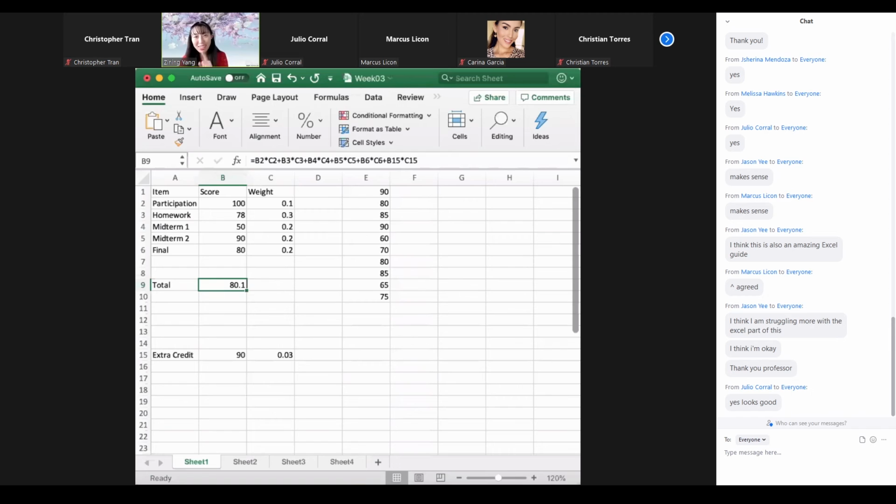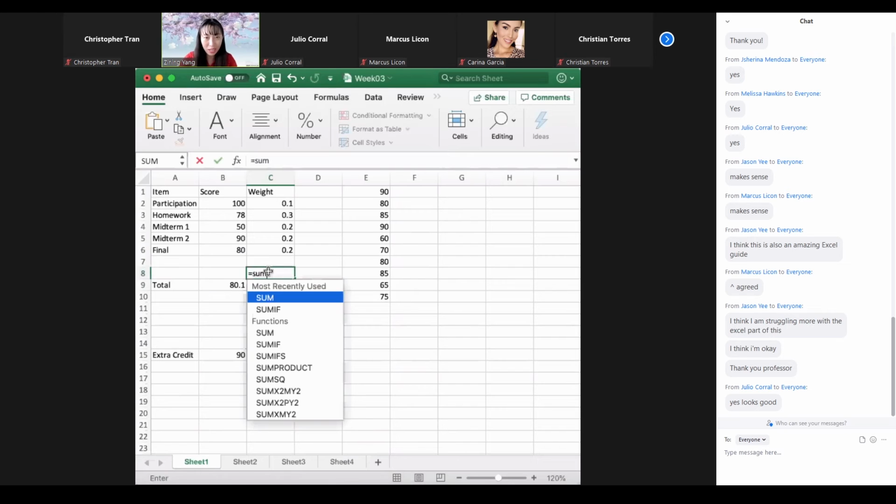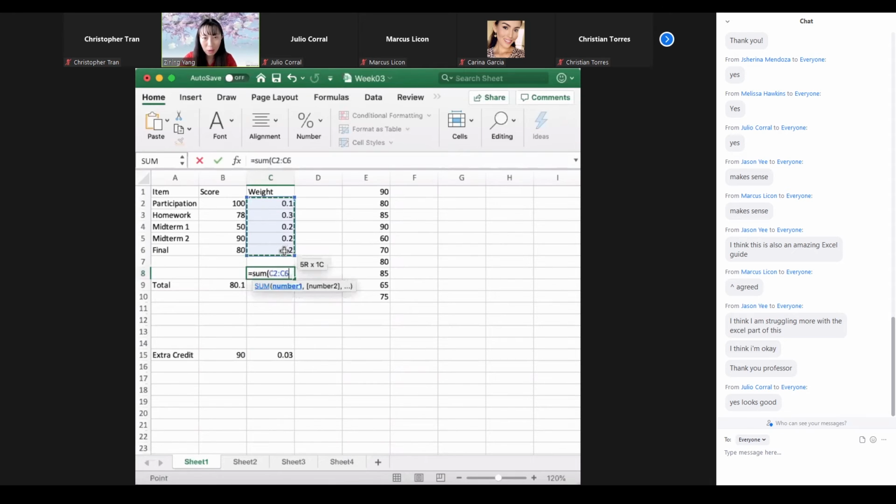Yes, that's an awesome question. Thank you for asking. So why am I not dividing? That's a good point. Your denominator should be the sum of the weights, right? The sum of weights is 1.